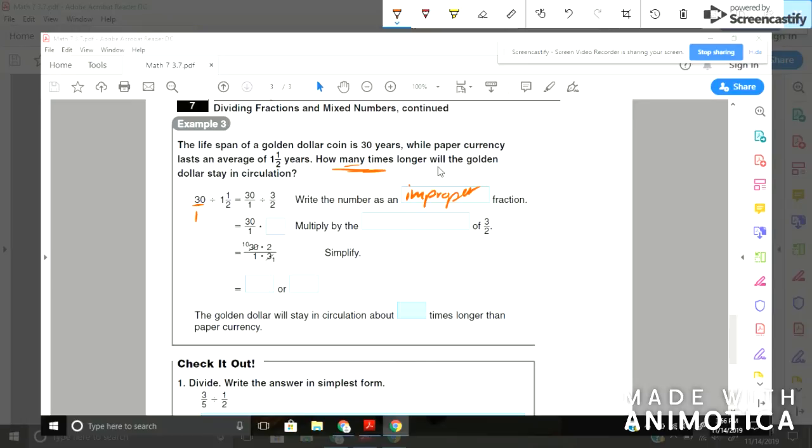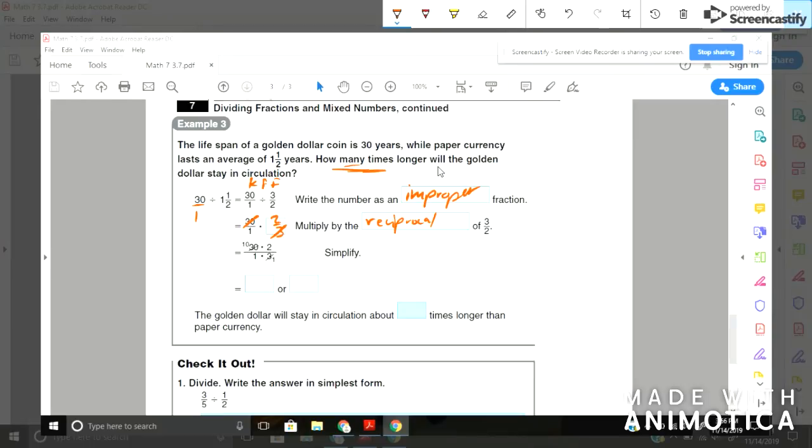Okay, so we've got 30, or we'll take the coin divided by the average for paper, a year and a half. Remember, you can write it as a whole number by putting 1 under it. That's what they did here. And then they wrote 1.5 as an improper fraction. And then again, KFF, keep, flip, flop. Keep 30 over 1 the same. Flip division to multiplication and flop this to its reciprocal. So that becomes 2/3. You can simplify diagonally here, dividing each by 3. So 30 divided by 3 is 10. 3 divided by 3 is 1.